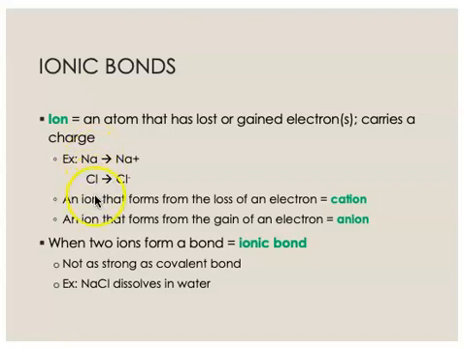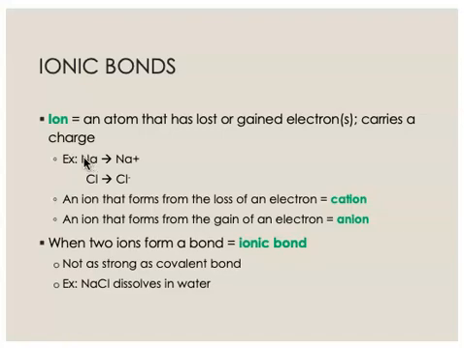Both of these atoms have an unpaired electron in their valence shell. But instead of coming together and sharing that pair, the sodium is going to literally give up the unpaired electron in its valence shell and transfer it to chloride. Now, the result of this is that the sodium is now going to have one fewer electron floating around its atomic nucleus.